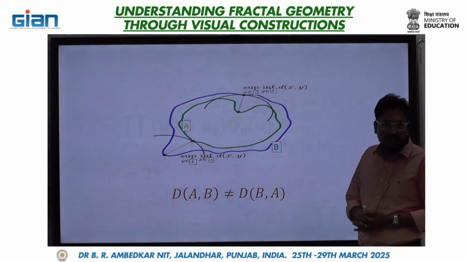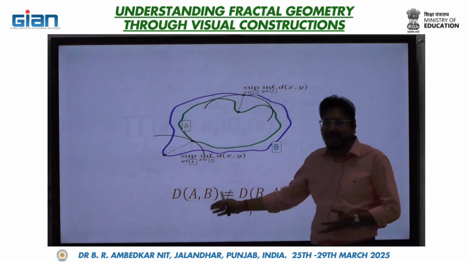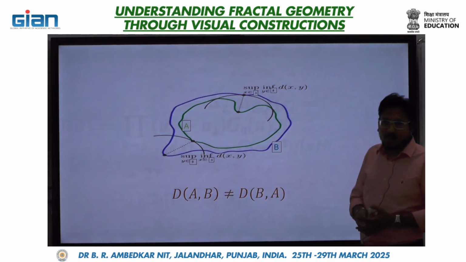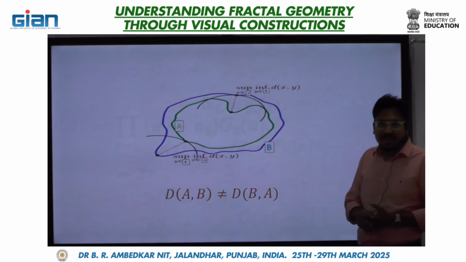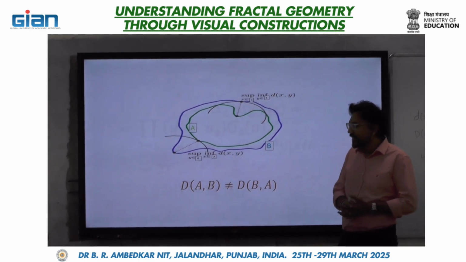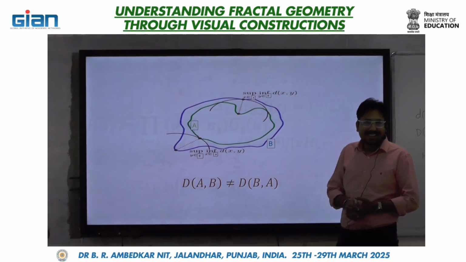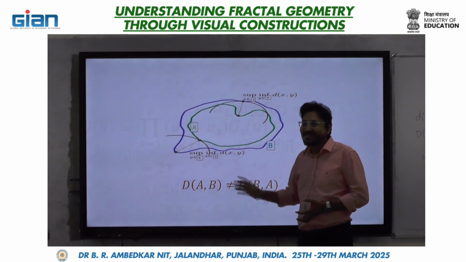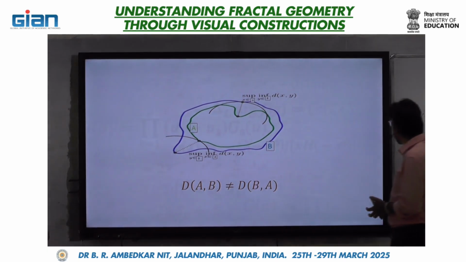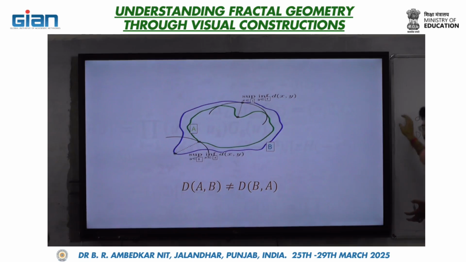You say fractals. So they know that fractals live in the Hausdorff space. That means you know D of AB and D of BA. And in your DC committee, suppose very reputed professors like Thamman Nair sir or Kulkarni sir are there, they will 100% ask these questions. They will give you one set A and B, and you find D of AB and D of BA.